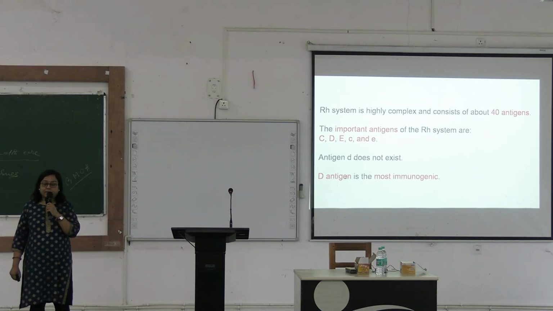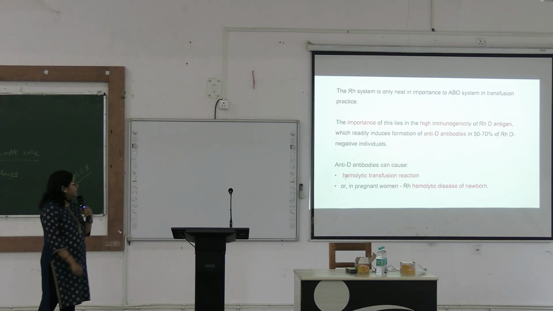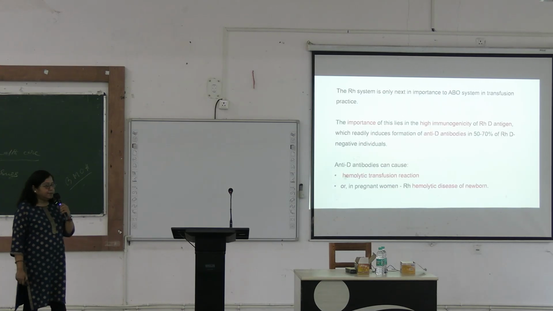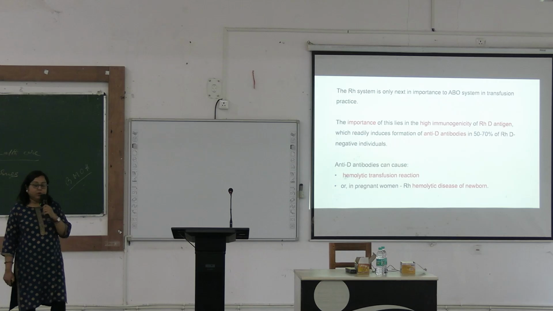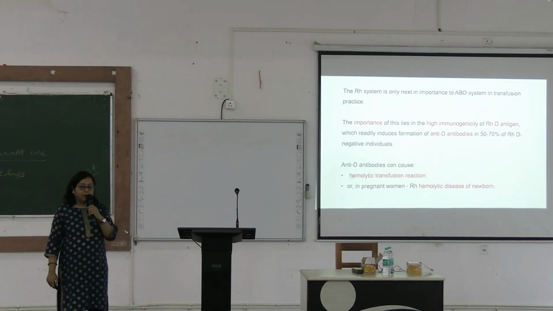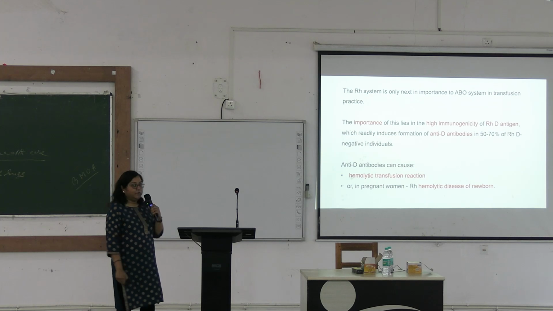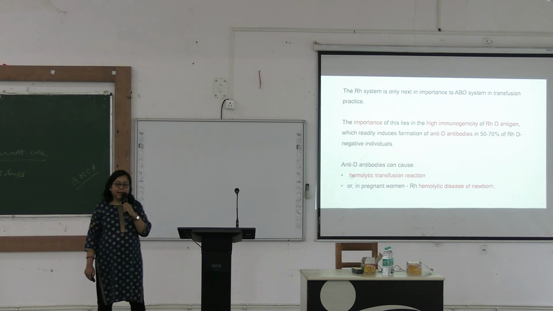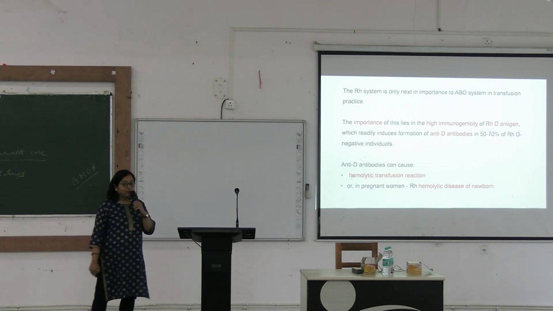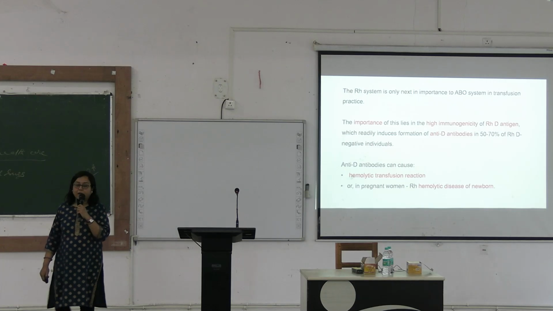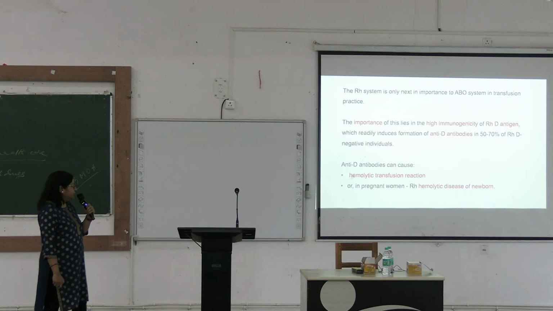So capital D antigen is the most immunogenic. The Rh system is important due to immunogenicity of RhD antigen, which induces the formation of anti-D antibodies in 50 to 70% of RhD negative individuals.